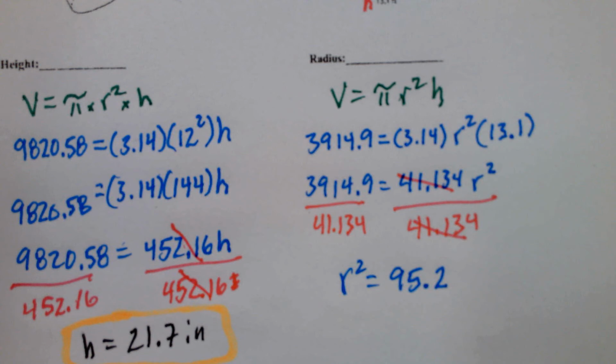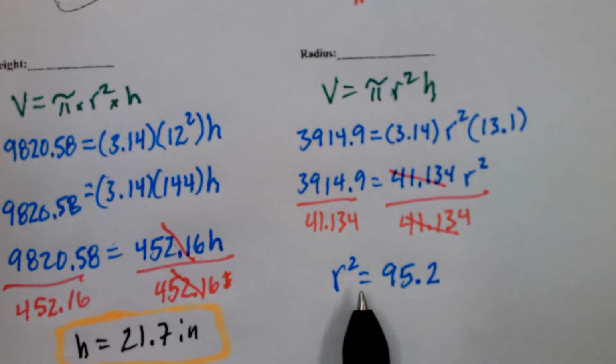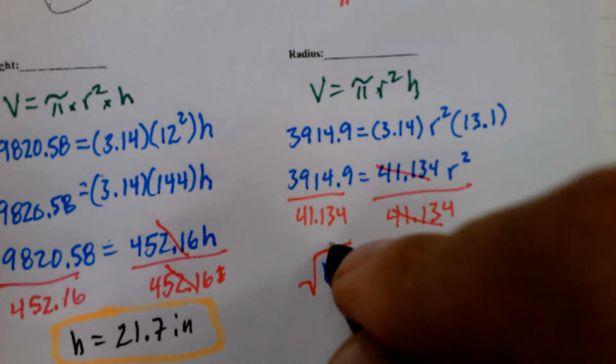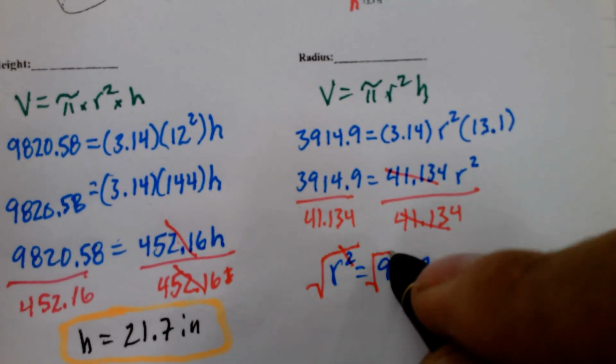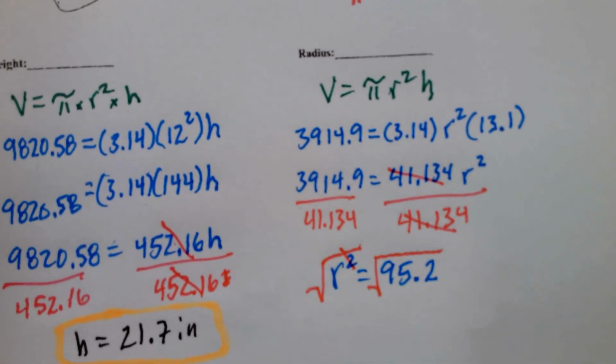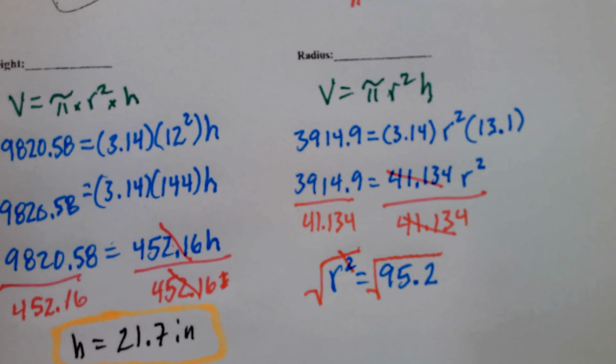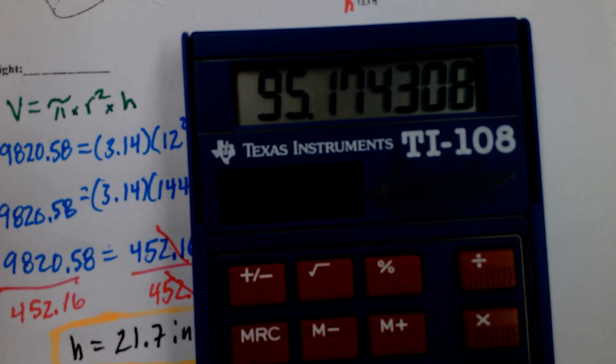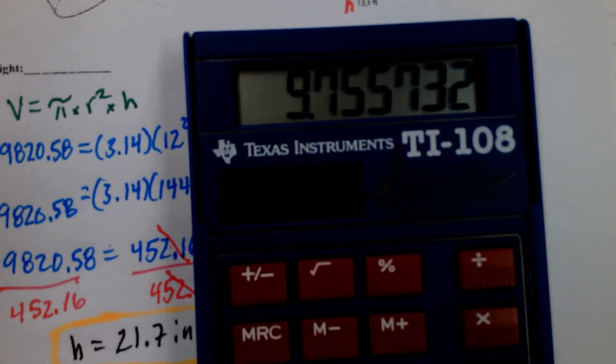Now I don't want r squared, I want r. So what undoes the squaring? We did it with the Pythagorean theorem and with a bunch of other things. Anytime you have a squared variable, to undo the squaring, you square root. You can even take this answer, it'll be a little more exact, and square root it. It's 9.8.